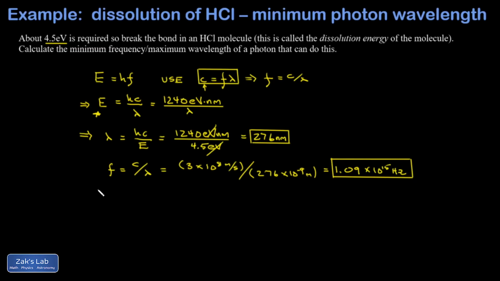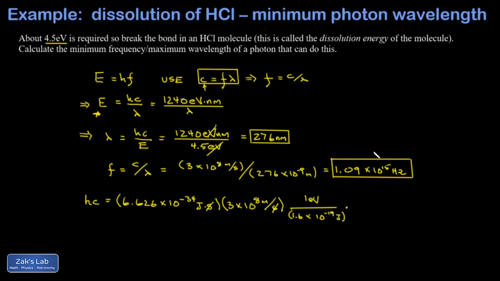Now, as kind of a footnote on this video, let's look at that claim that hc is 1240 eV nanometers. In SI units, there's hc, and I can see that my seconds cancel, and I have joule meters. So all I have to do now is convert the joules to eV, and then convert the meters to nanometers.